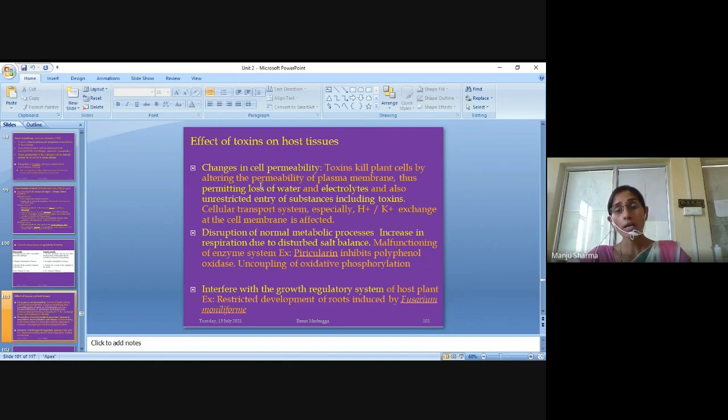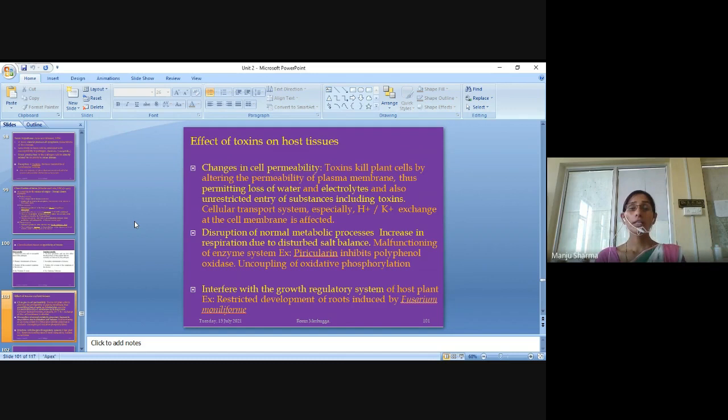Toxins kill plant cells by altering the permeability of the plasma membrane, thus permitting loss of water and electrolytes, and also unrestricted entry of substances including the toxin. The cellular transport system, especially hydrogen ion or potassium ion exchange at the cell membrane, is affected.